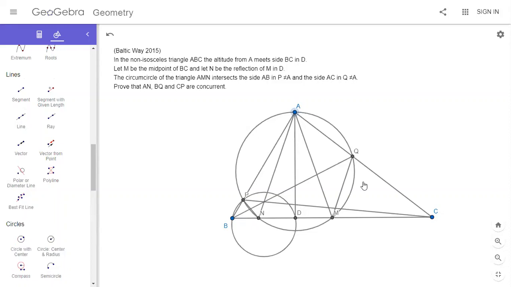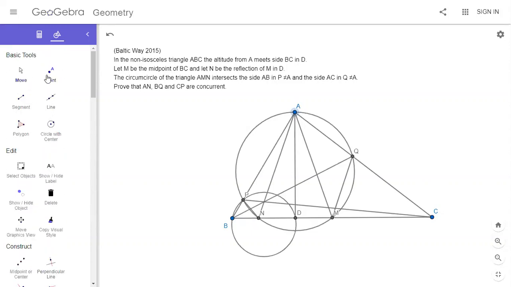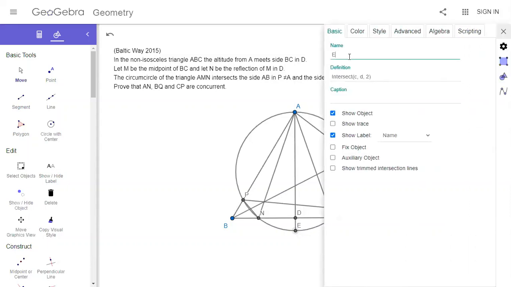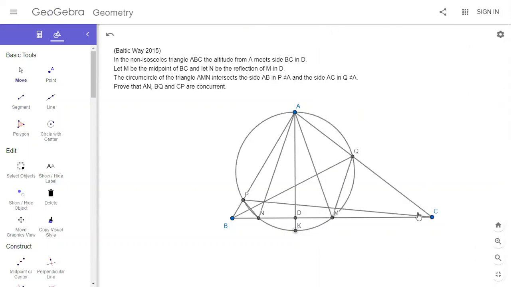So yeah, AMNKPQ we know is cyclic from the problem basically, but if we could show that BPDK is cyclic, that would be a good step forward. So I'll call that K. It's BPDK has to be cyclic because angle KPB is 90 since AK is a diameter, and angle KDB is 90.